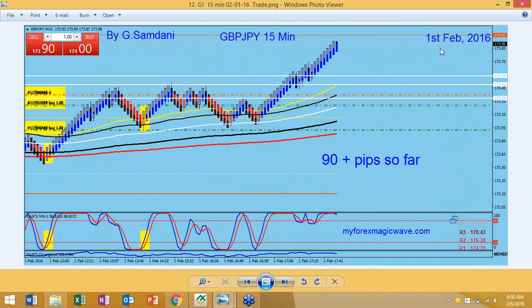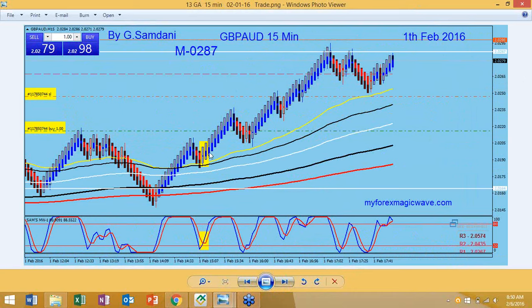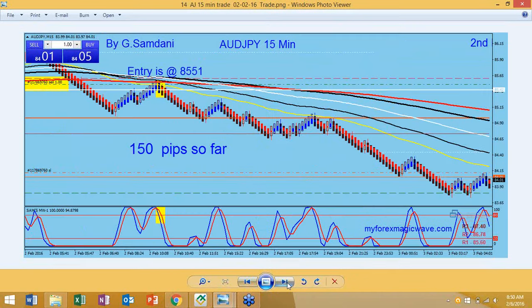Pound yen went up on February 1st, quite a bit from this area here. Pound Aussie also went up on February 1st. Again, all of that was because of pound strength.